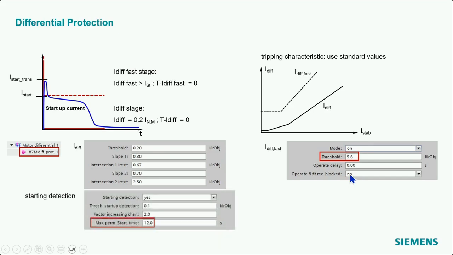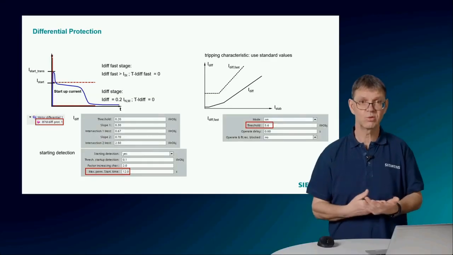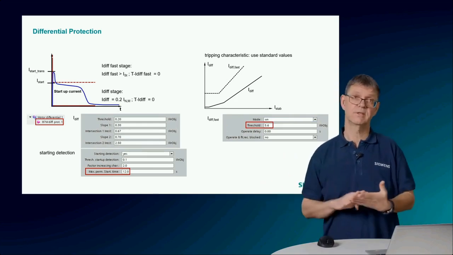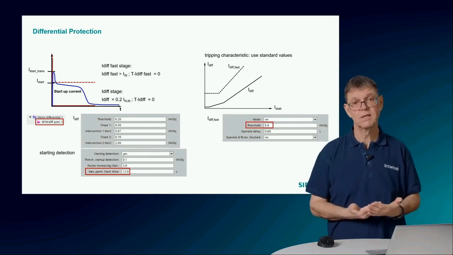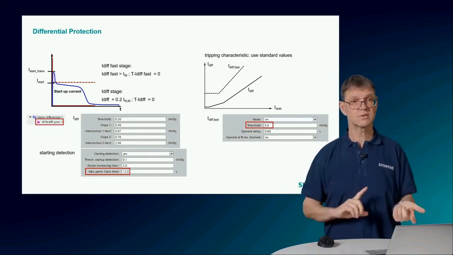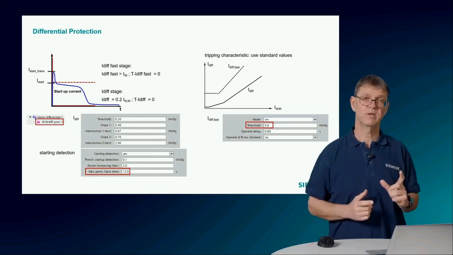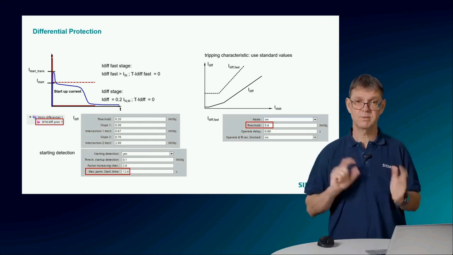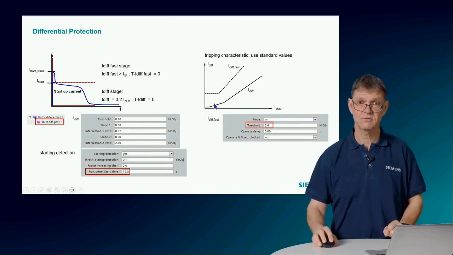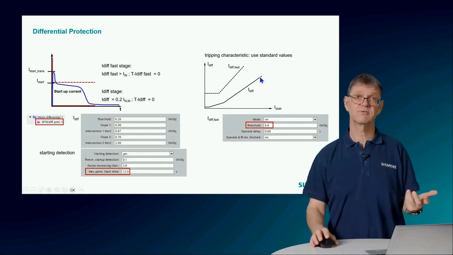Then for the sensitive stage, we have one more add-on, especially for motors, because motors can have a longer startup phase with an elevated current level. That means this can also be risky for the current transformers, and therefore we optionally have the possibility to raise the tripping characteristics, or just the sensitive one here, during the starting phase of a motor.